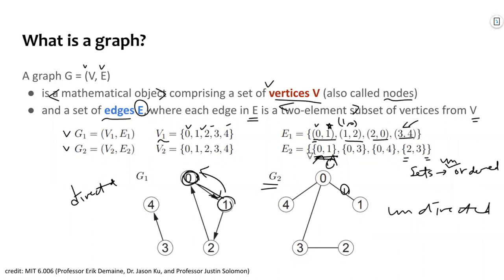And in the case of curly braces, you do not denote the direction. However, in this case, the first element is the starting point, and the second element is the end point. All right. So those are 2 examples of graphs. One was directed, and the other was undirected.